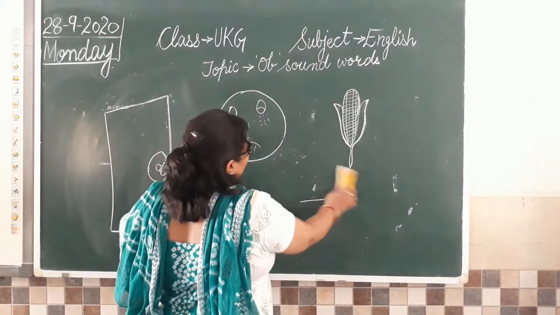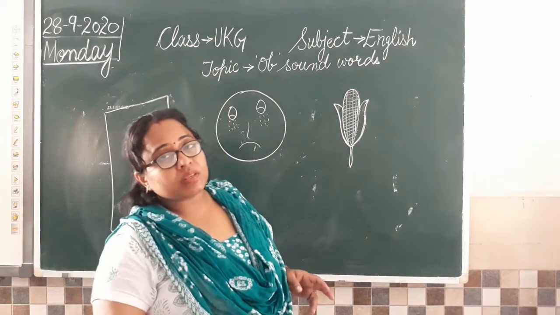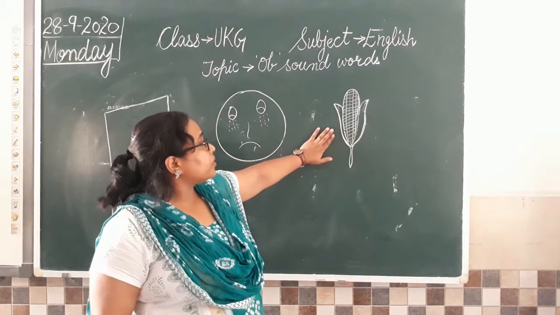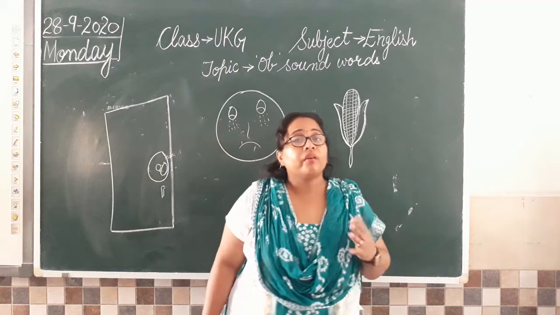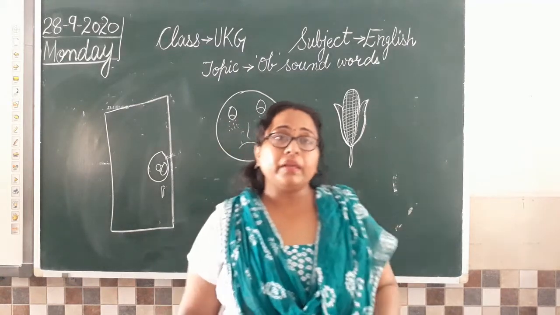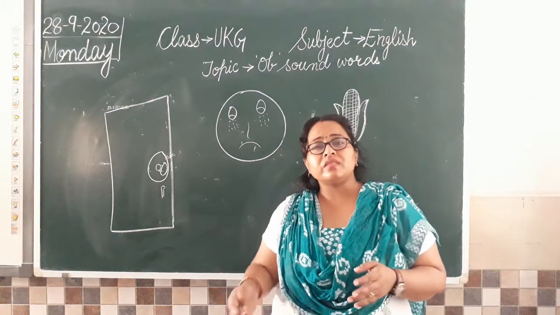So I have drawn pictures on board, and some other words which I am going to discuss with ob sound will tell later. First, can you tell what picture is this? Something that we like to eat during rainy season. Remember, हम लोगों ने rainy season की एक PPT की थी, and last conversation class also we have learnt about seasons.